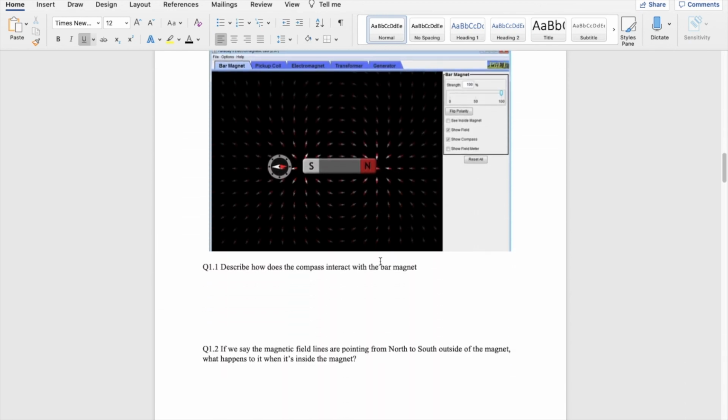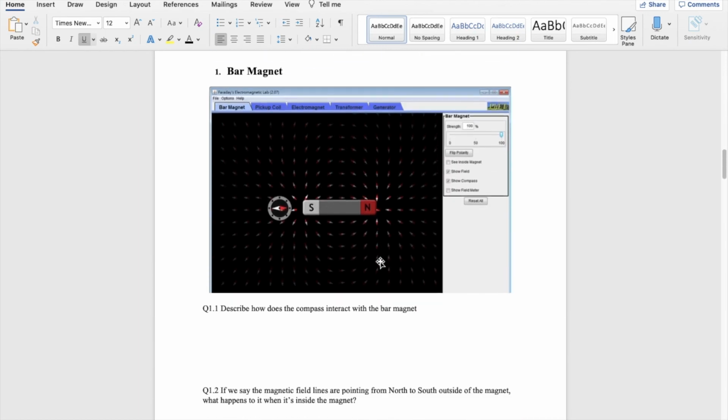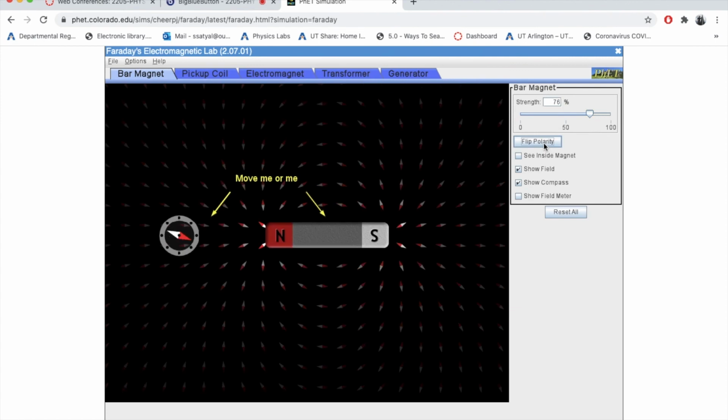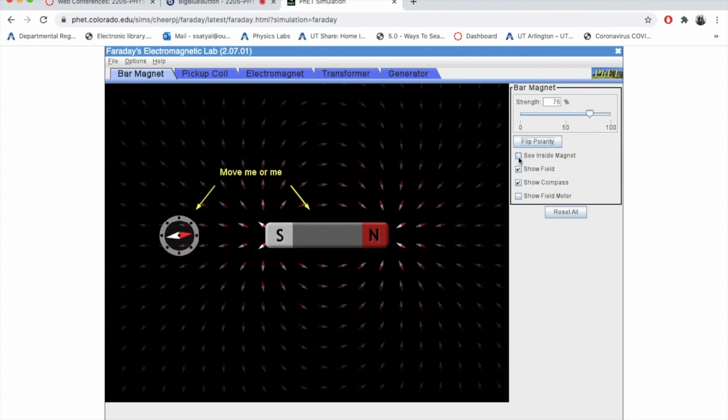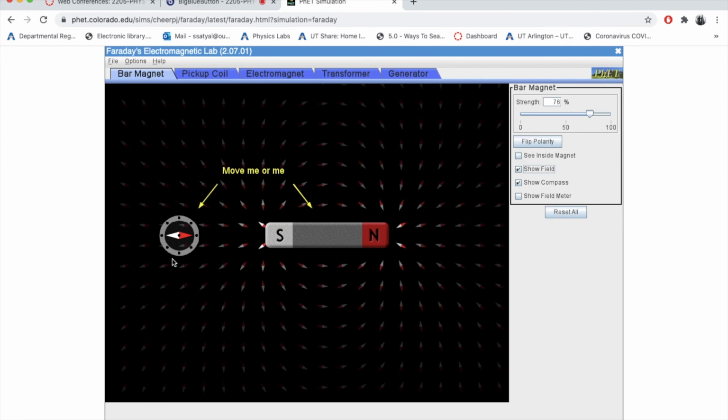And so once you open that, here are multiple questions about understanding your bar magnet. There are some features. You can increase the strength of the magnetic field, go up to 75%, 100%. You can flip the polarity, and you can show field lines or not show the field lines.